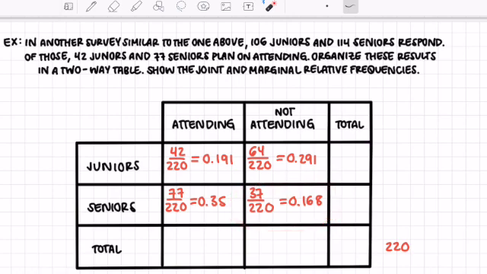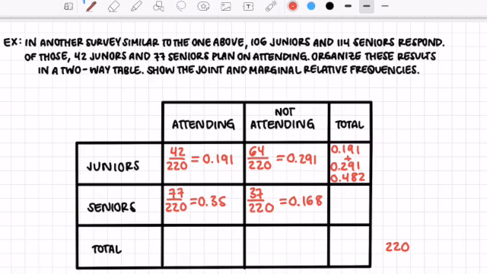Okay, so the marginal relative frequencies. All I need to do now is add up the total of the joint relative frequency. So I'm going to go over here, add up 0.191 and add it to the 0.291, which would equal 0.482.